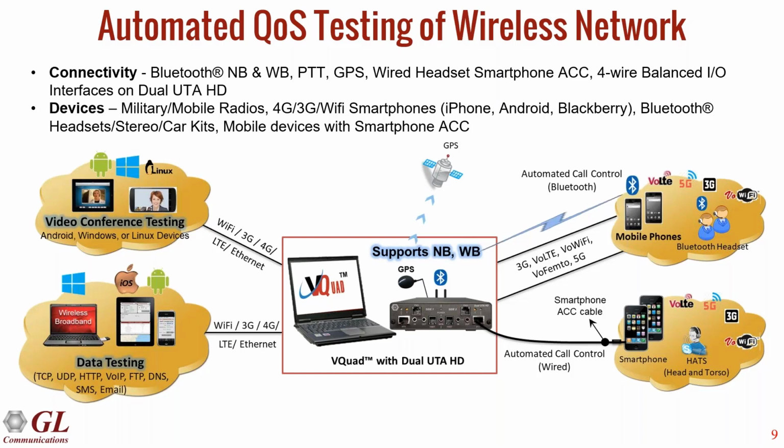So with that, we can answer a call or disconnect a call, and we can also invoke Siri or Google Voice directly from this wired headset, and then using our text-to-speech function that's built into the VQuad, once we invoke Siri, we can say, call 555-1212, and automate the calling process.